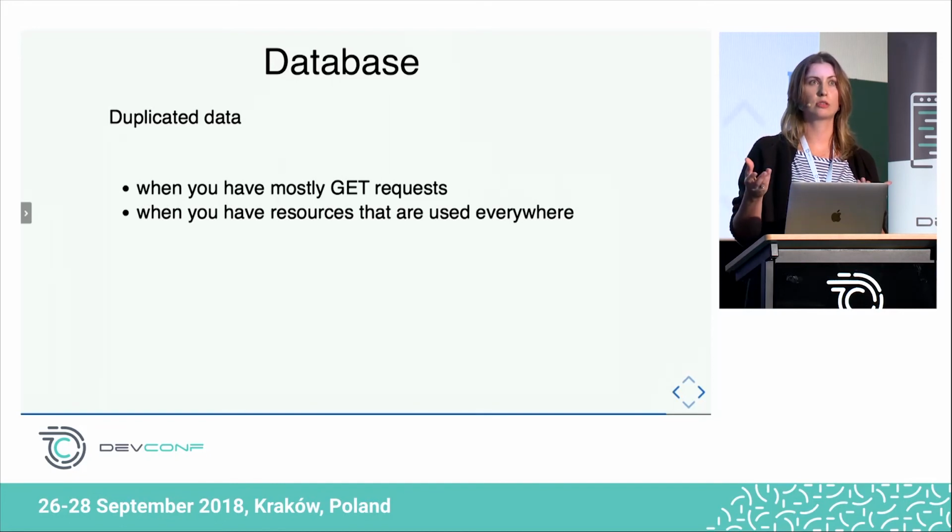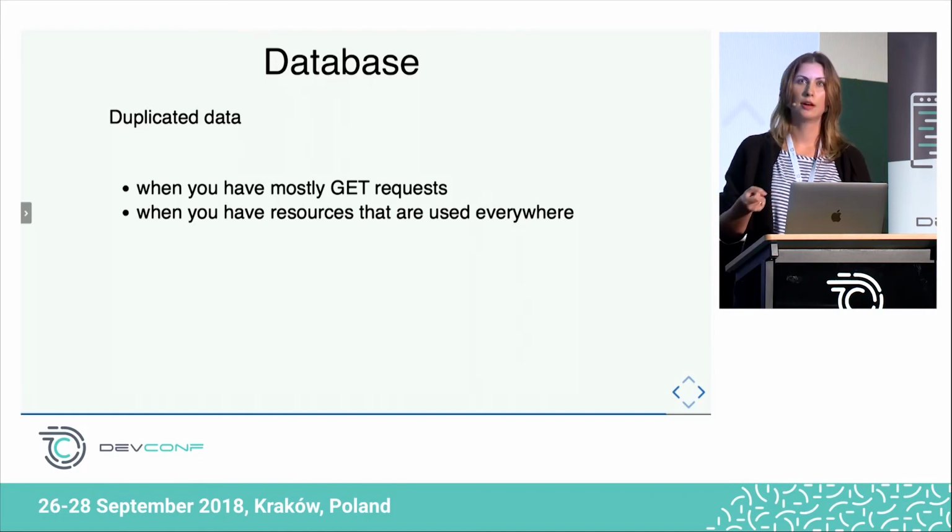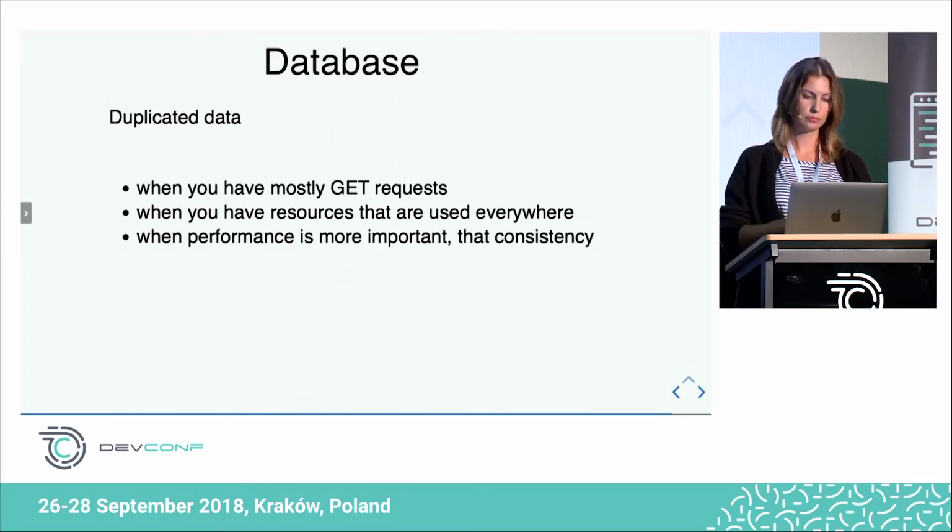I cannot imagine any page from e-commerce without product. Maybe terms of use or something, but any other dynamic page is connected with product somehow. And if your performance is really important and consistency not 100%, but for example 6 sigma, then it probably makes a lot of sense to duplicate the data.